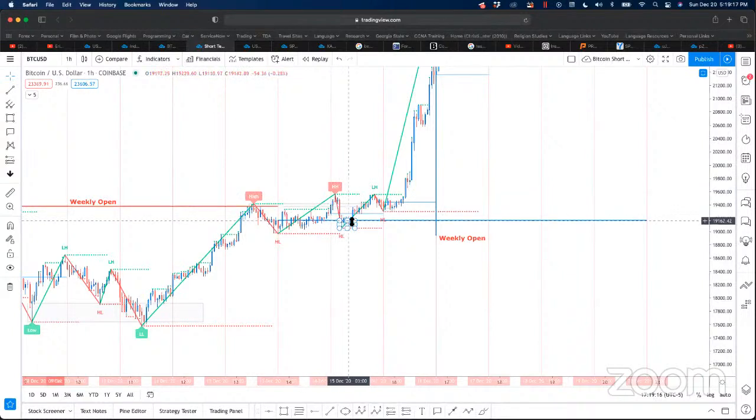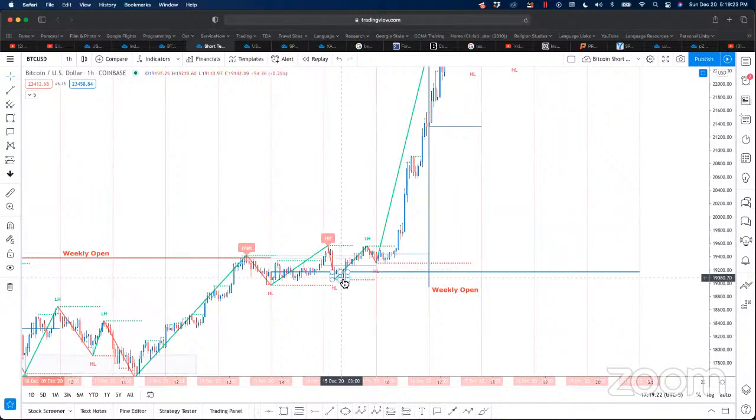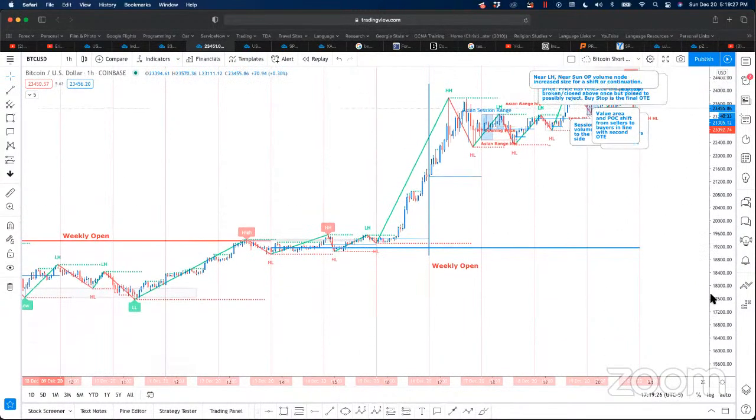Guess where it holds up? Weekly opening price right here. And from one trade right here, we would have been in all of this move, right?